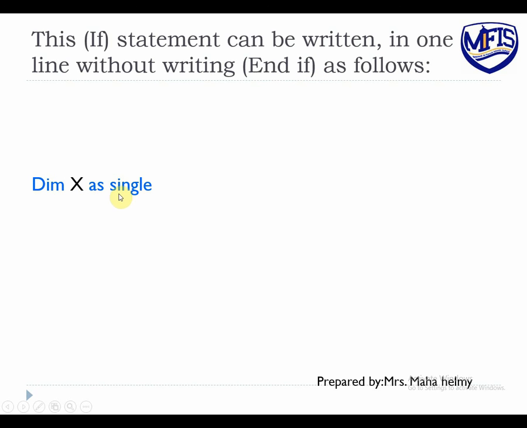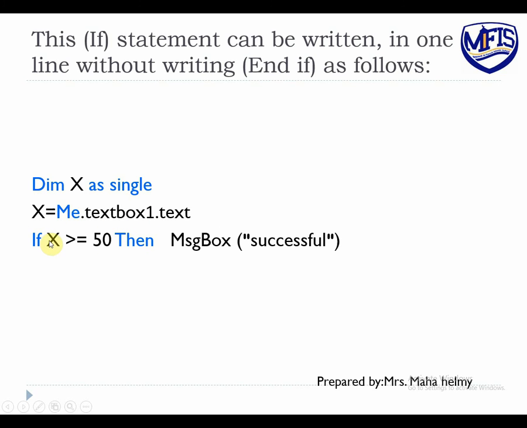Dim x As Single, a declaration of a variable x with data type Single. x equals Me dot TextBox1 dot Text, so we take the value of variable x from text box 1. If x is greater than or equal to 50 then MsgBox successful. The block of if is written in one line without writing end if.